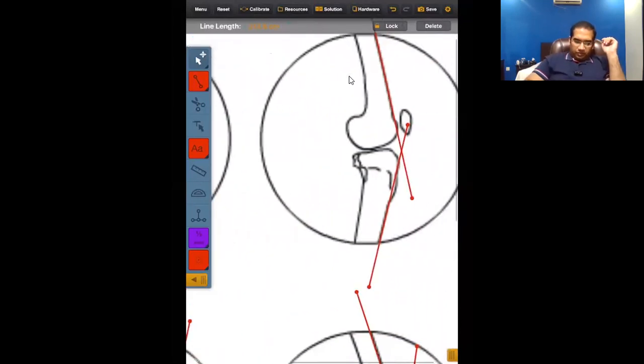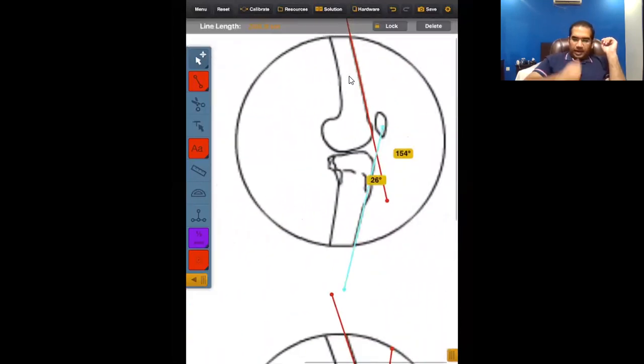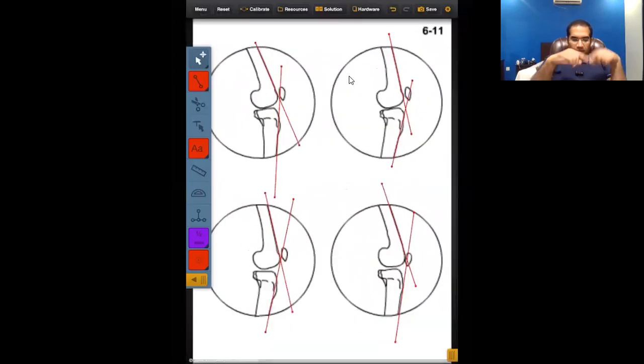Look at this X-ray. Again, there is a fixed flexion deformity of 26 degrees. Same is with all the cases. In all the cases, there is a fixed flexion deformity of 26 degrees. But all these scenarios are different. We need to discuss all these scenarios.